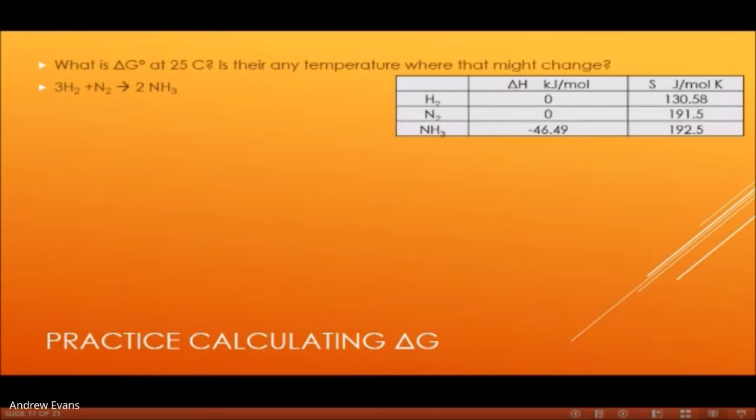Looking at our values, delta H for hydrogen, nitrogen, and ammonia are 0, 0, and negative 46.49, and the delta S are 130.58, 191.5, and 192.5.